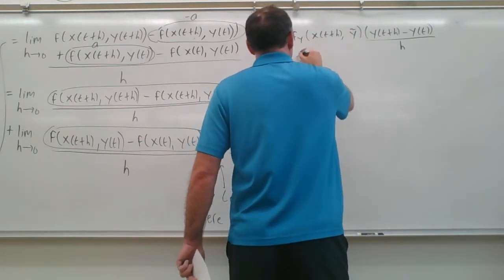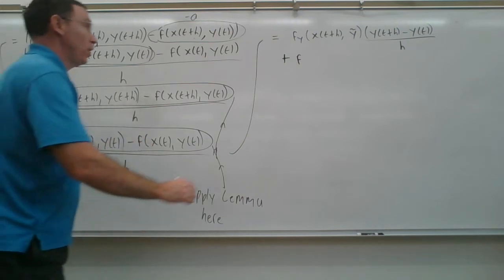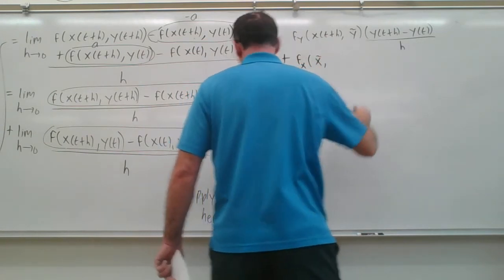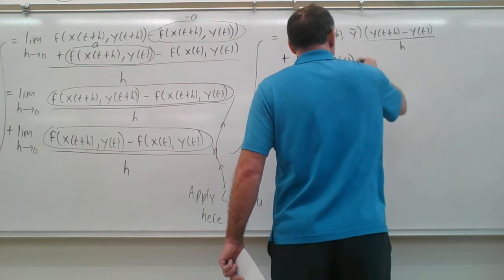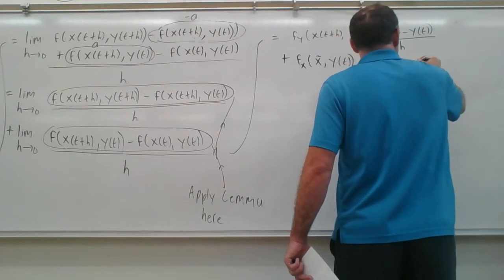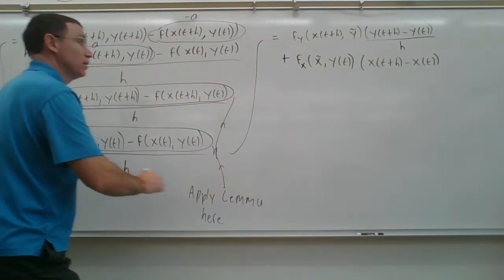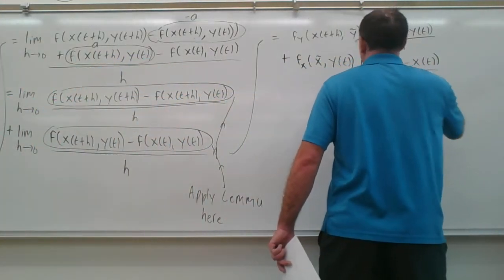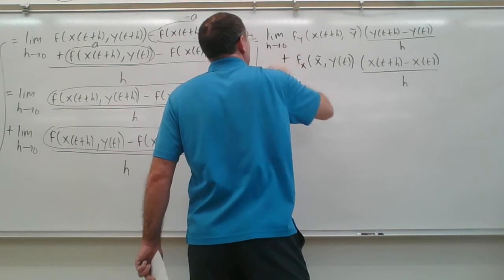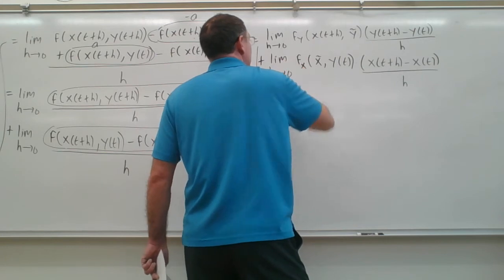Then plus, applying Lemma 1 to this guy now, the x's are changing, y's are the same, it's going to be partial with respect to x, evaluated at x tilde, y(t), times x(t+h) minus x(t). And again the h value I'm going to put here. I forgot my limits in front of all these: limit as h goes to 0 for that one, and plus limit as h goes to 0 for this one.